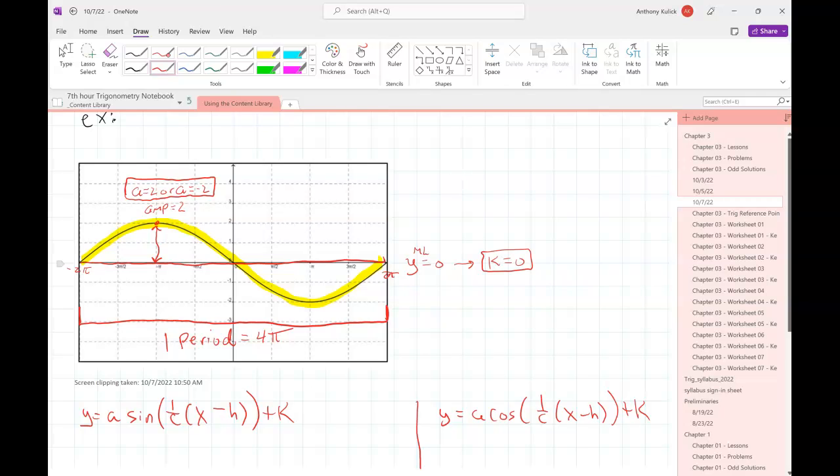Everybody's cool with that? And remember, we find a period by doing 2 pi times the absolute value of c. So if I divide both sides by 2 pi, I get that the absolute value of c is 2, or that c is 2, or -2.